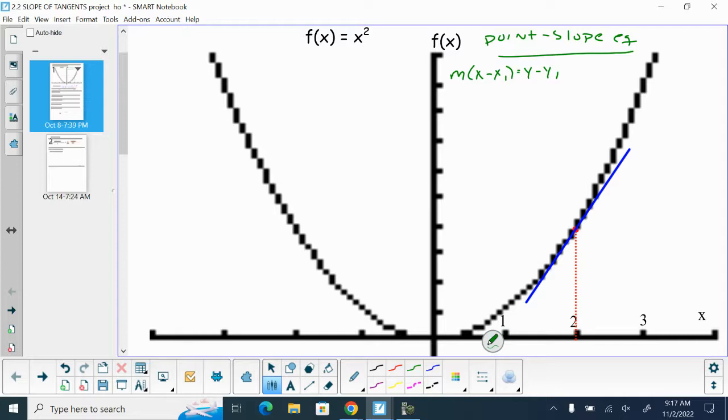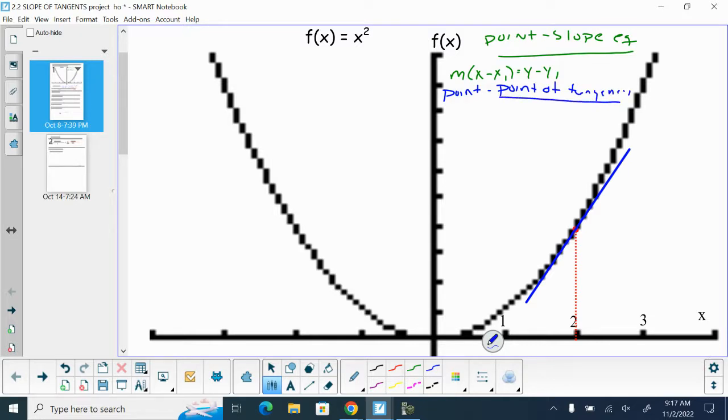If we know the slope of that line and a point it contains, we can find the equation of the line. Well, my point that I'm dealing with here is the point of tangency.